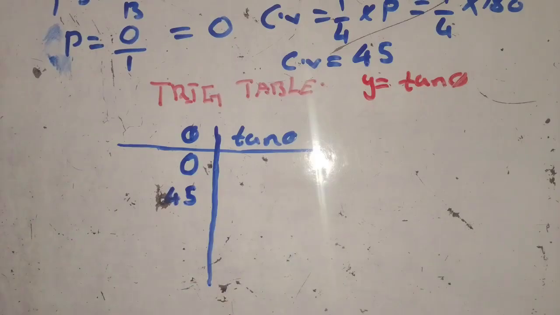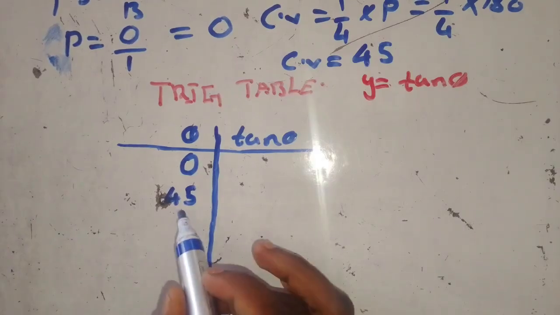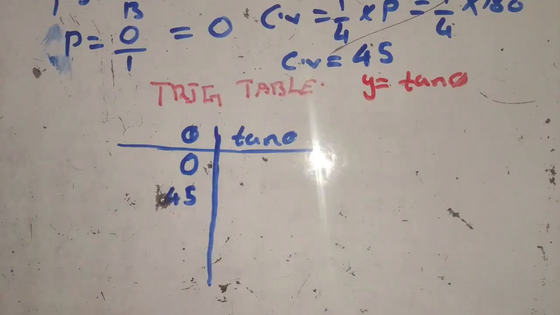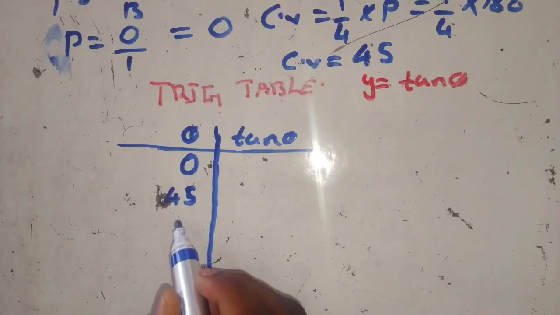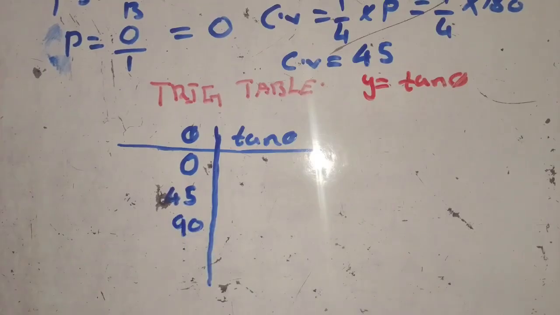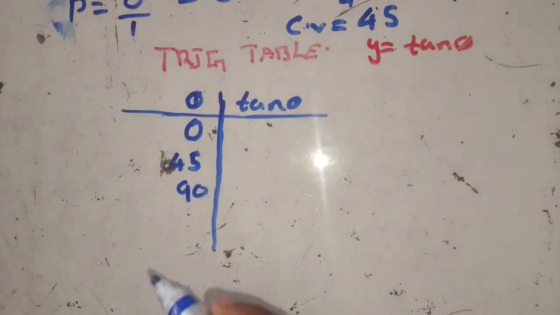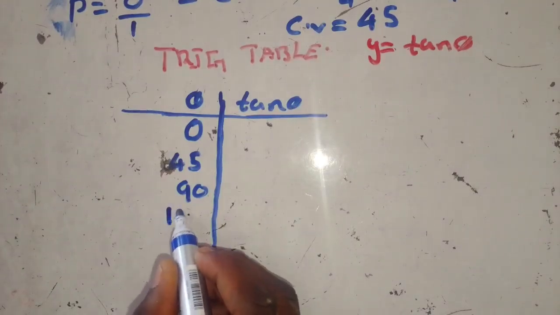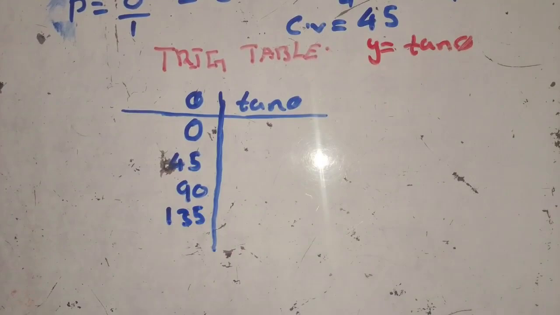So to find another point after 45, you just add the counter value. 45 plus 45 will give you 90. 90 plus 45 will give you 135. 135 plus 45, so we'll be just adding the counter value until we reach 180.